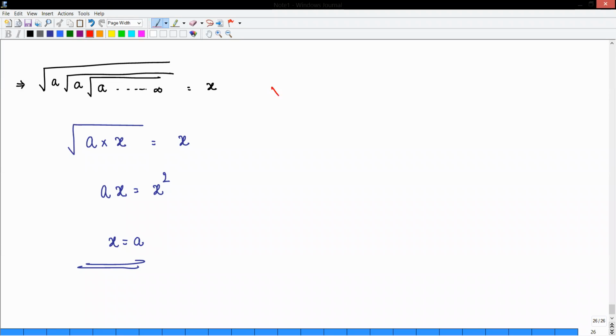So the answer is, when you have root of a into root of a into root of a and so on, it is equal to simply a. You can also write it as a power 1 by 2, a to the power of 1 by 4, a power 1 by 8, because on the first day you only have one root.